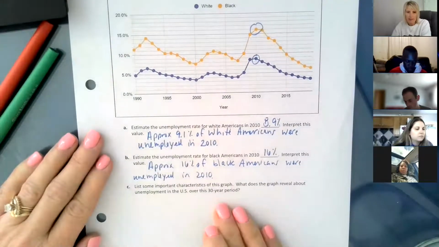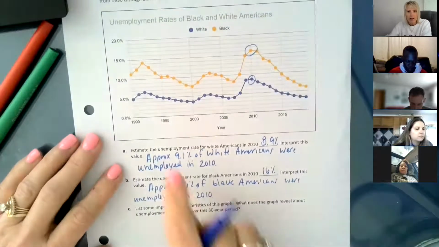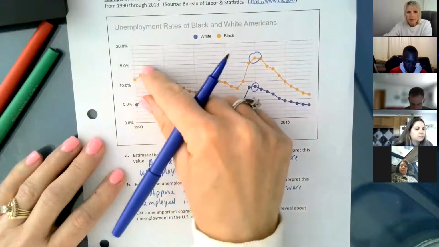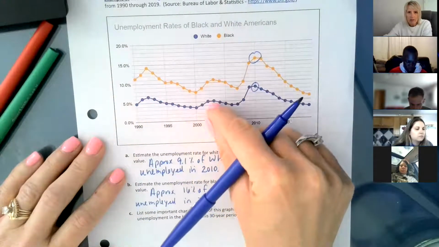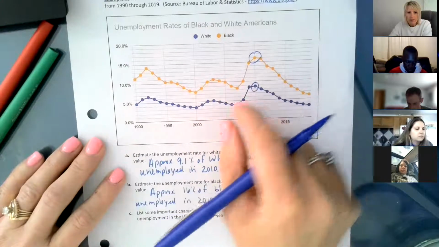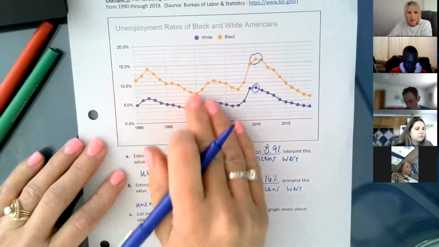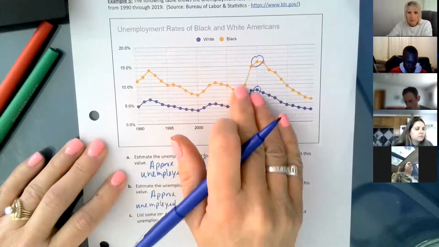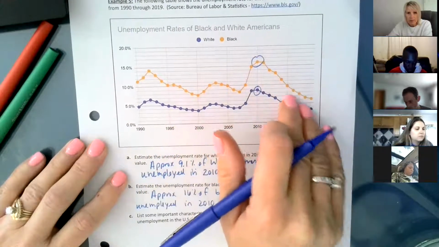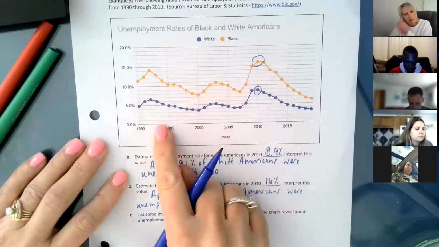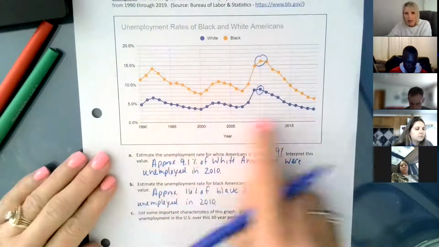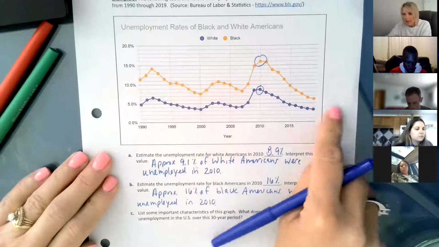And it's just asking you to list some characteristics of the graph. You can see that both races tend to kind of follow each other the most. It looks to me like Black Americans is a little bit more sporadic, as far as it's got sharper ups and downs than the white Americans. And what I think is awesome is they get really, really close.